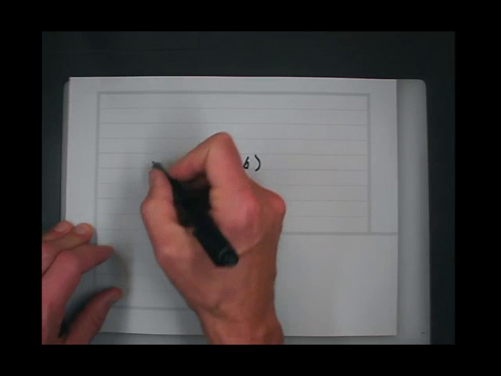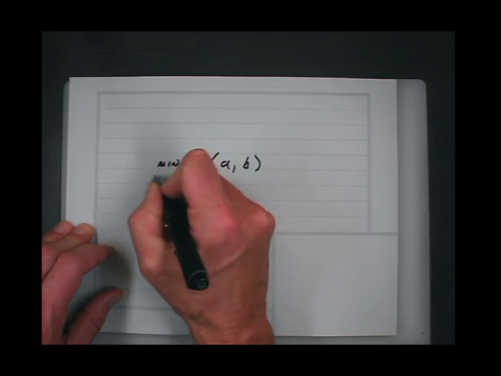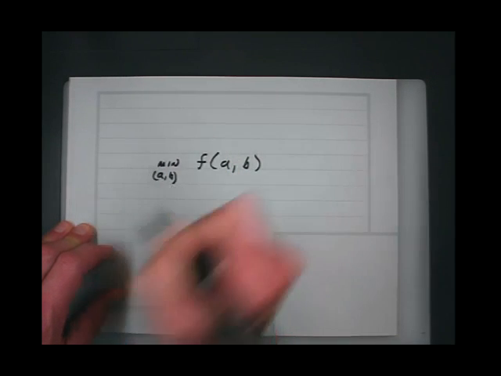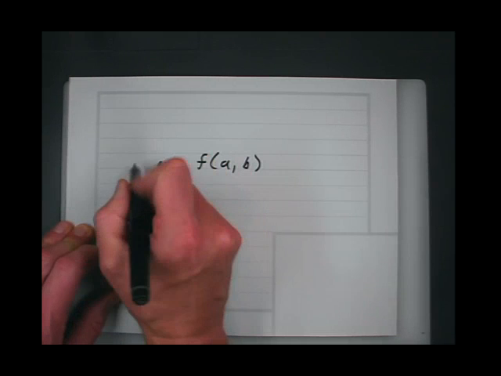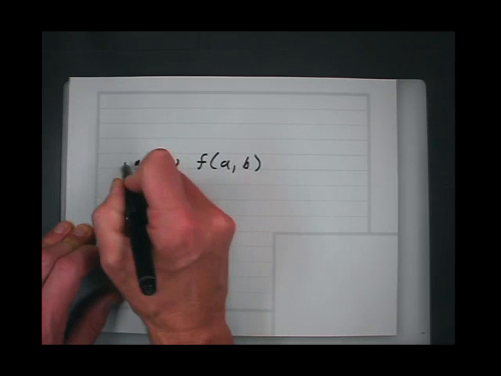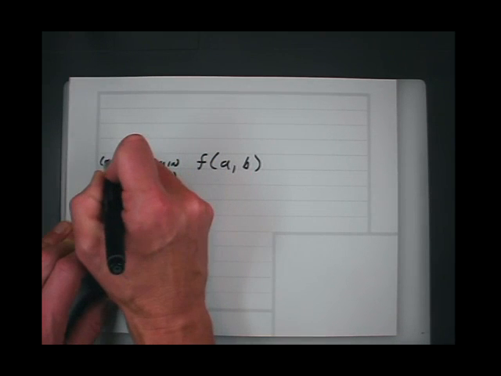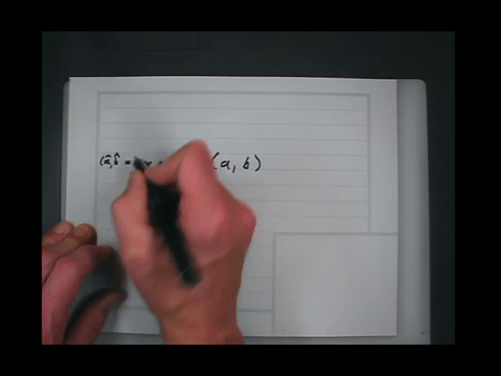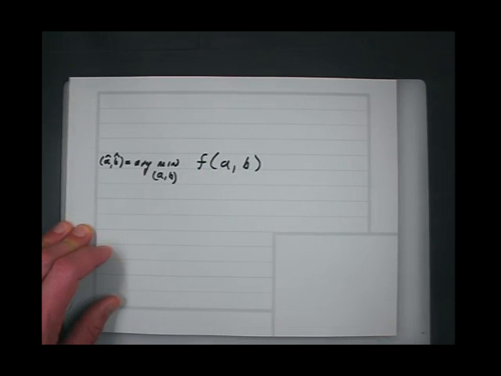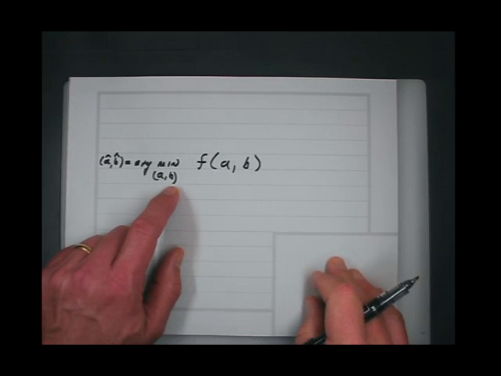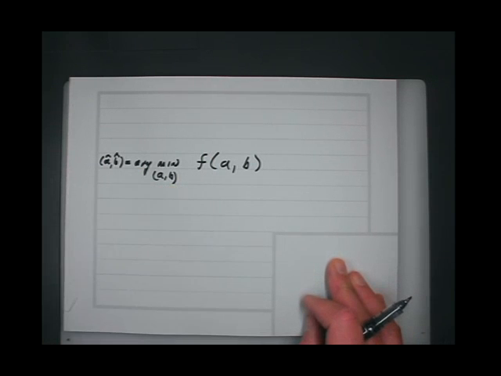And you want to minimize this thing with respect to a and b jointly. So then you have the argmin, that would be, say, a hat, b hat. Is that on the screen? Yes, it is. Good. So that would be the joint minimization.